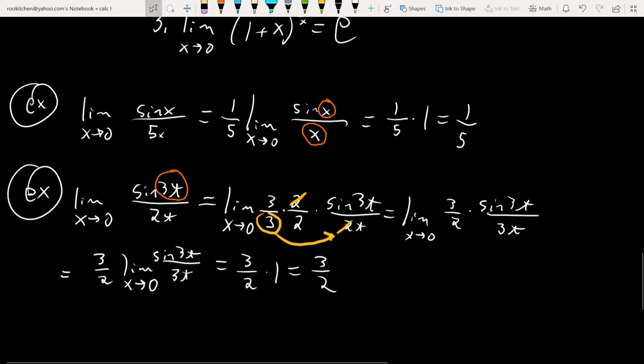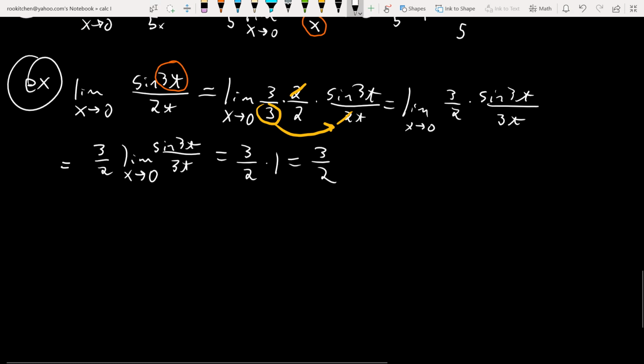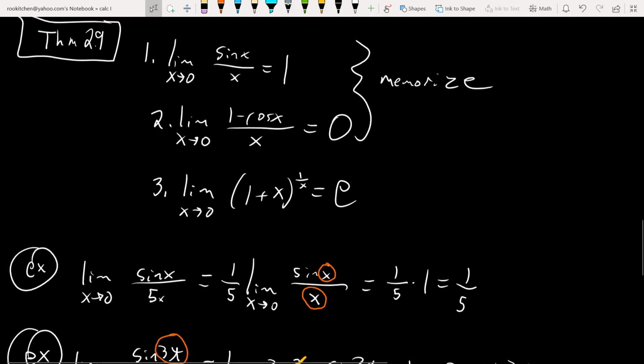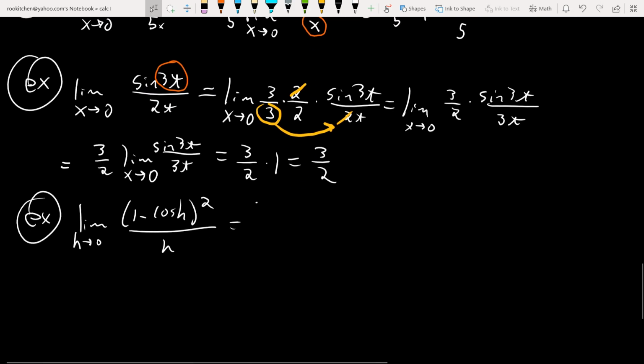Okay. One more, maybe the cosine version. So another example. We have the limit as h goes to 0 of 1 minus cosine of h squared all over h. Okay, so I need to rewrite it to take advantage of the law I have memorized. So what do I do?